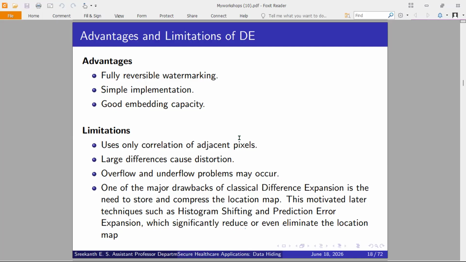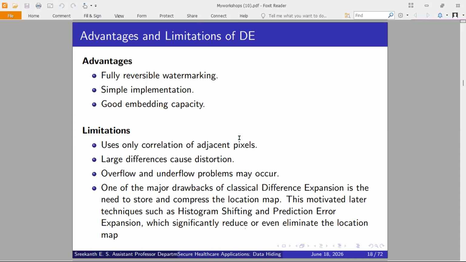So how to embed that? For that, there are some other methods that are used in conventional difference expansion. Normally, many papers have done like this. They will take one of the bit planes, maybe the LSB bit plane. They will compress it.